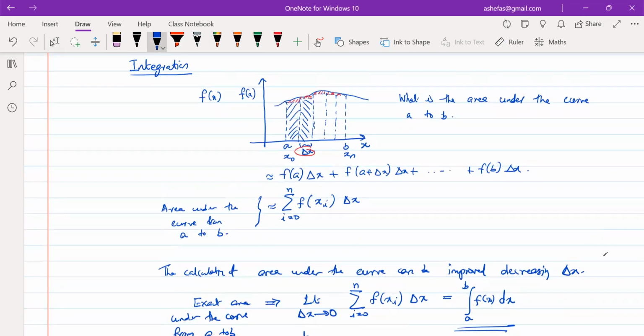So this area is the integral from a to b of f of x dx. So this integration is nothing but a summation, or more correctly, it is a continuous summation.